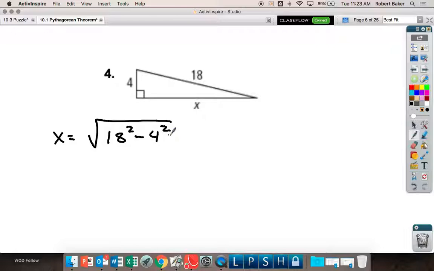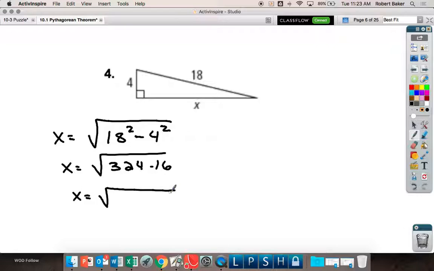How's calculator? 324 minus 16. Do a little bit of subtraction. 277. Now, what? I got like 2 square roots of 77.